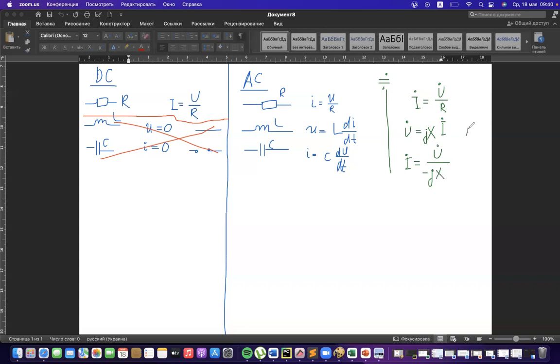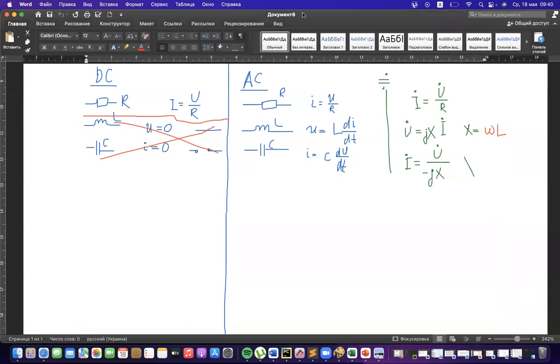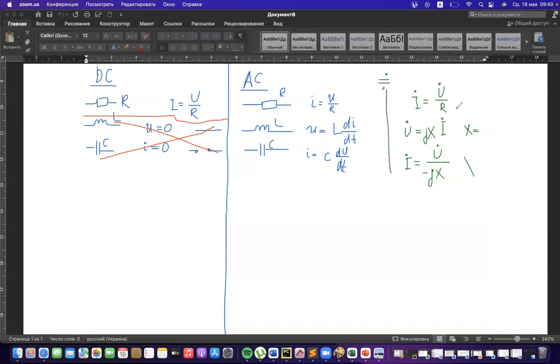And for the coil, resistance X equals frequency multiplied by inductance. For the capacitor, let it move to the whole screen. It will be omega L for the coil, and for the capacitor X equals 1 divided by omega C.